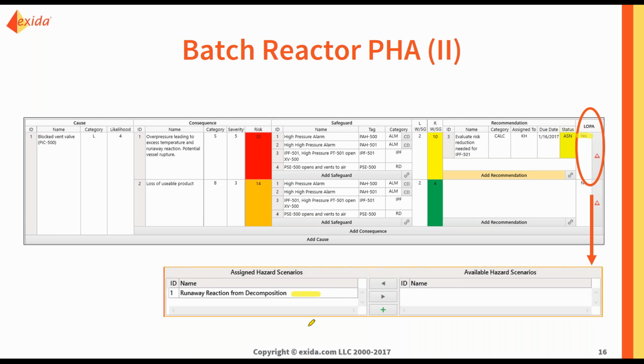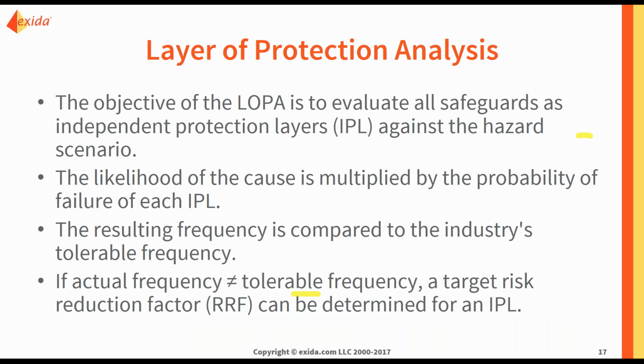Now, I've talked about the LOPA a couple times, but I have not defined it for you yet. So I'll do that now. LOPA stands for Layer of Protection Analysis. The objective of the LOPA is to evaluate all safeguards as independent protective layers against a hazard scenario.